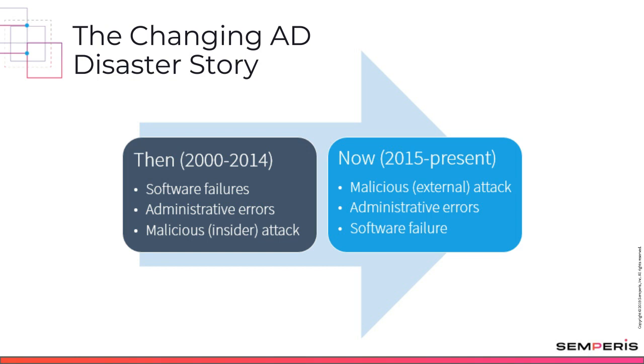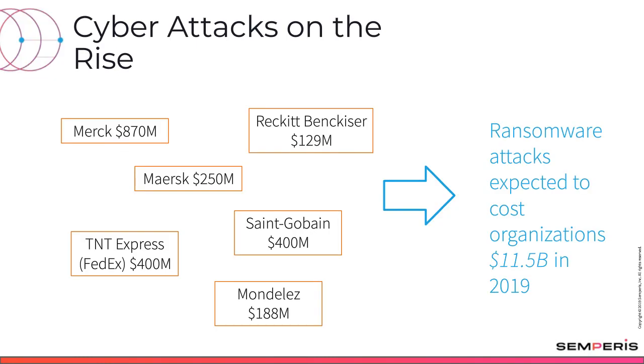And just to give you a little perspective on that, just over the last couple of years, there have been some massive malware and ransomware attacks. I group them together because a lot of the attacks were using ransomware, but nobody was actually held for ransom.